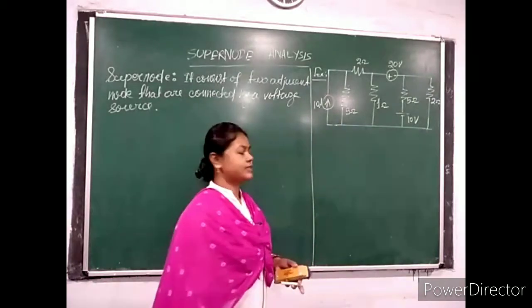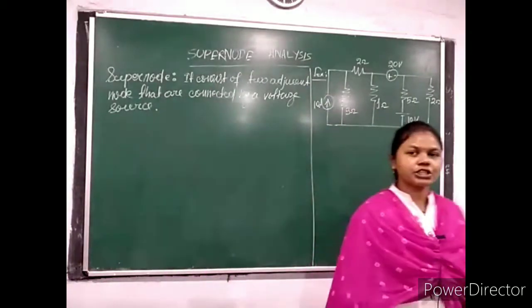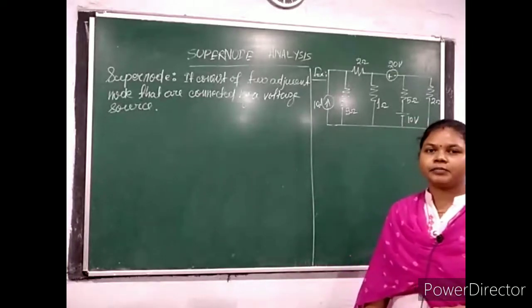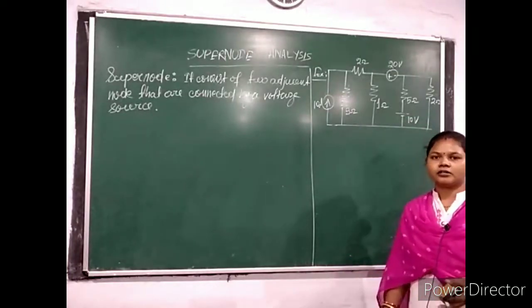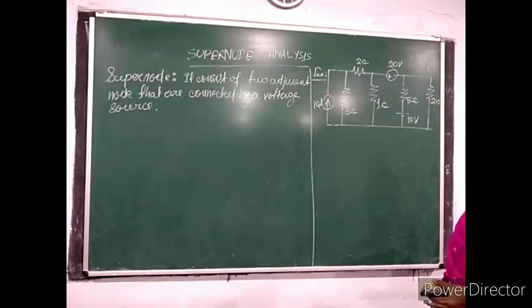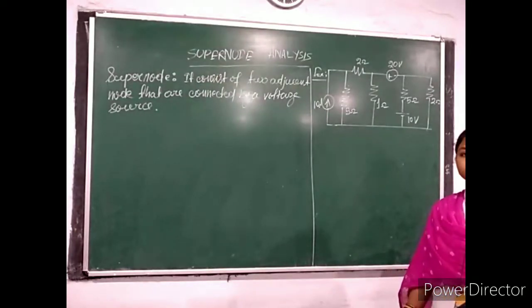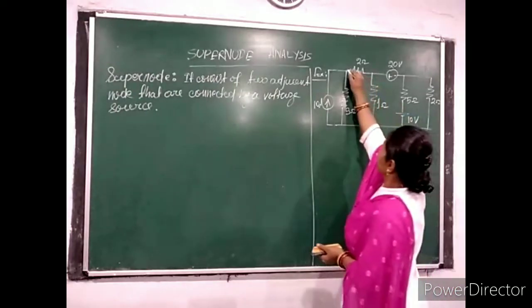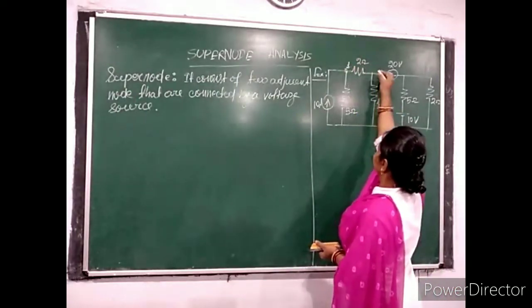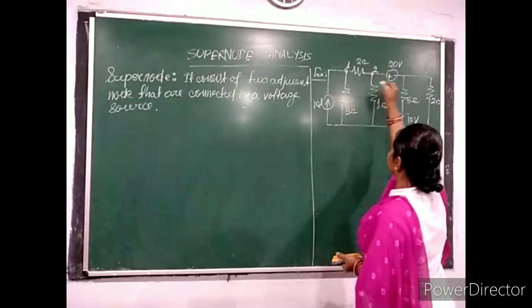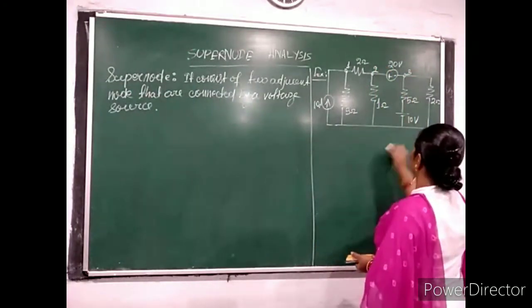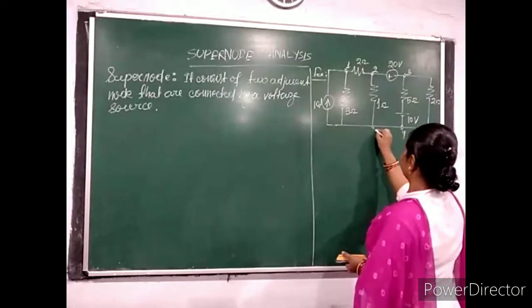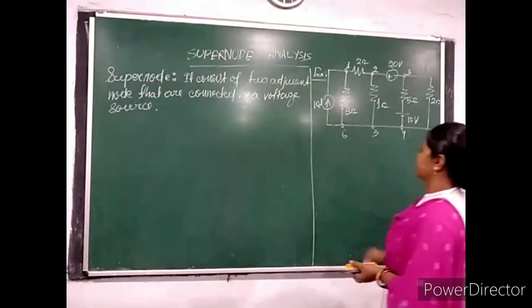This is a circuit. If the question is to find a circuit parameter or current flowing through any branch by using the nodal analysis method, first you find how many nodes are there in the given circuit. This is one node named 1, this one is node 2, this one is the third, this one is fourth, fifth and sixth.